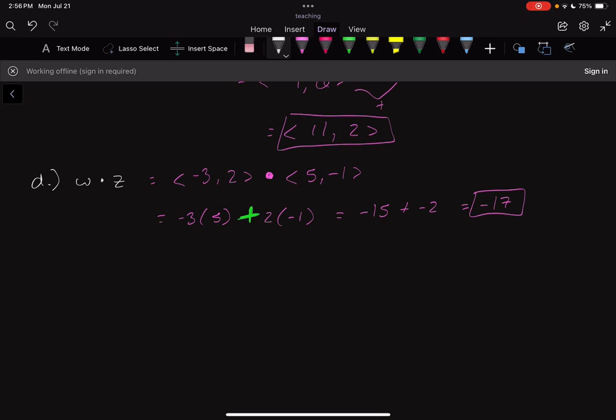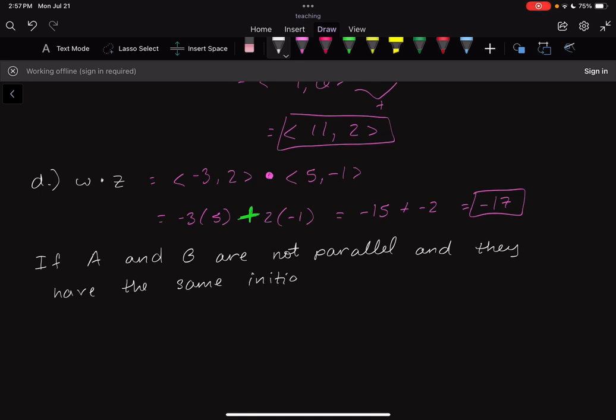So this can be kind of interesting for us. This is something you'll probably talk more about in an actual physics class, but it says if A and B are not parallel and they have the same initial point, then I'm going to show you what this looks like on a graph.